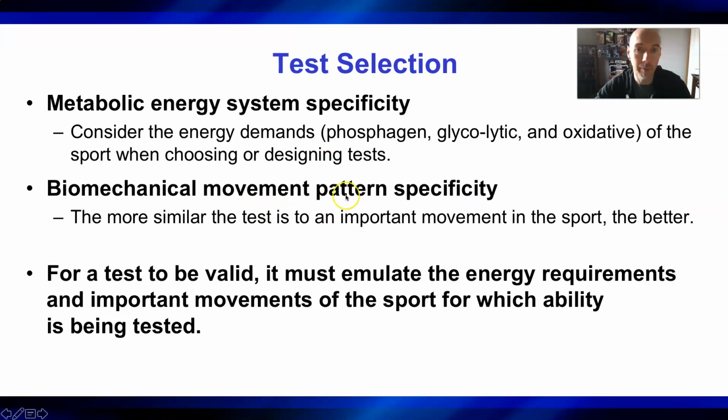Likewise, think about the movement patterns. Later, we'll see that you can assess agility or sprint speed or both, okay? But in certain athletes, you may not need to assess agility because it's not required in that sport.